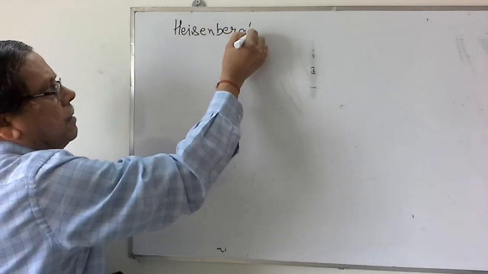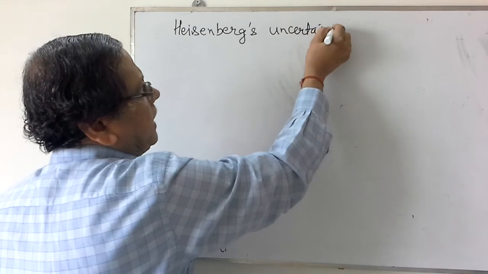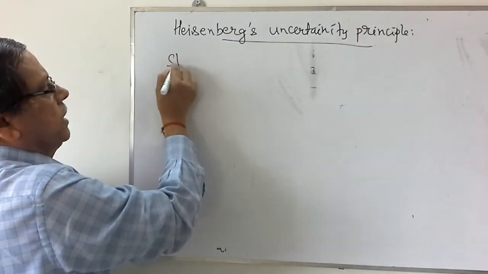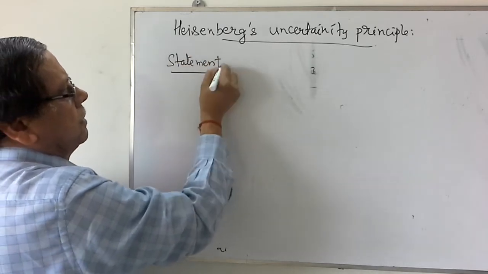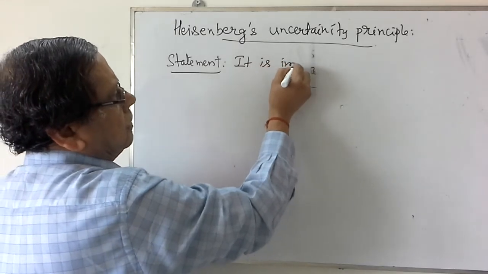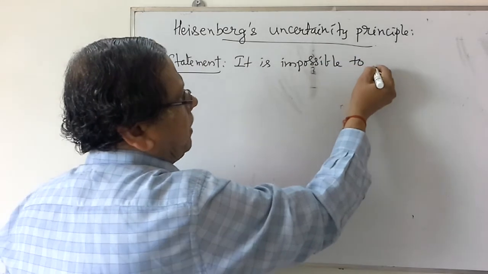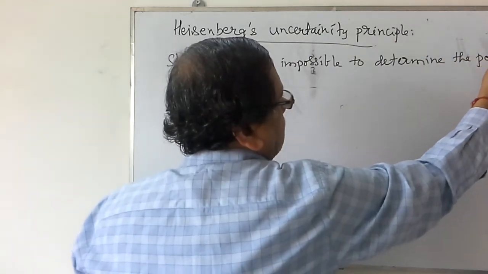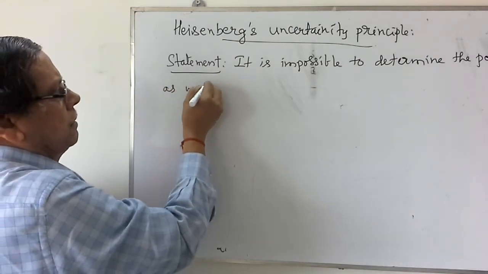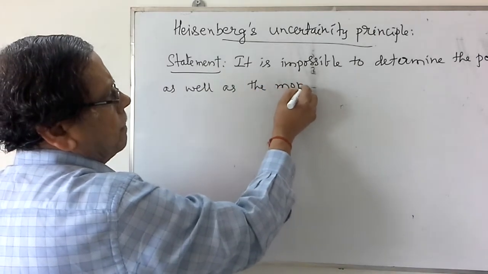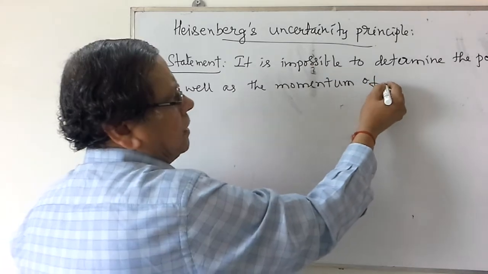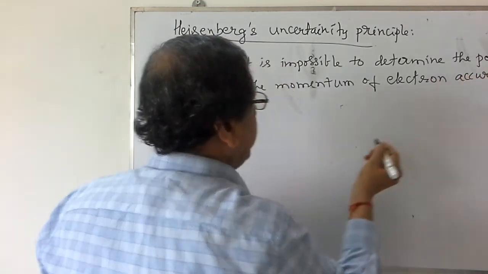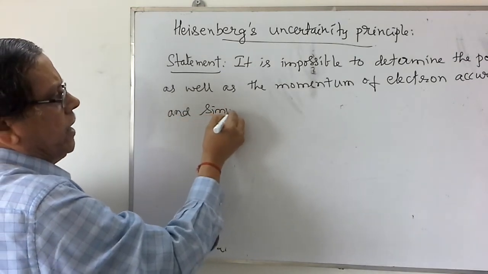uncertainty principle, you can write the statement for this: it is impossible to determine the position as well as the momentum of the electron accurately and simultaneously.